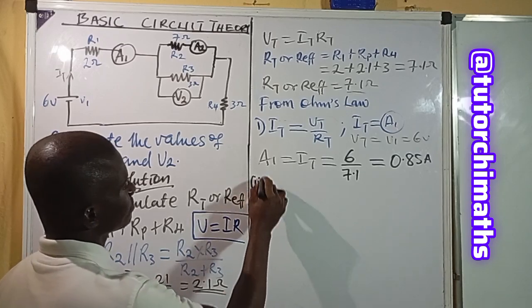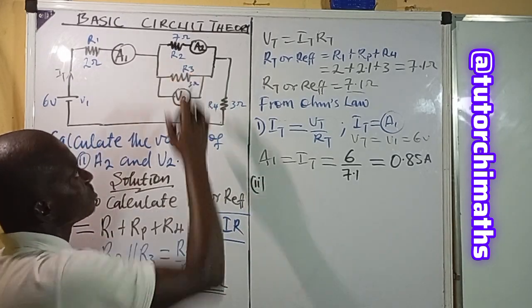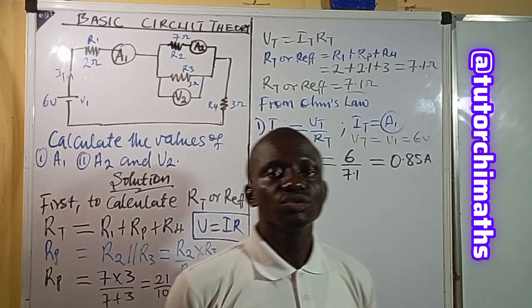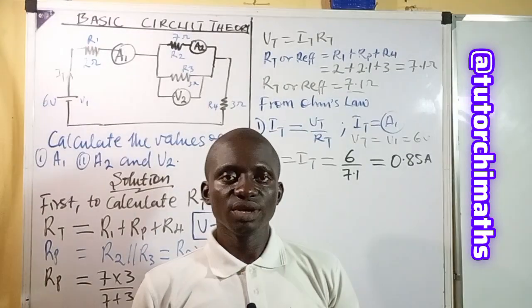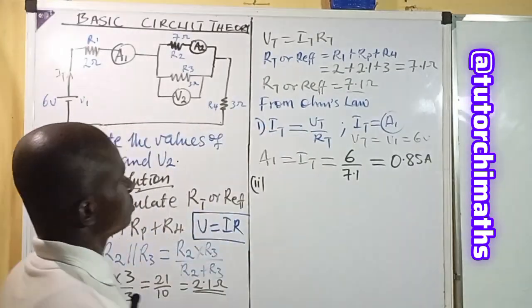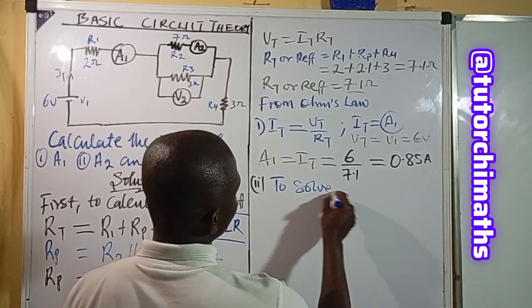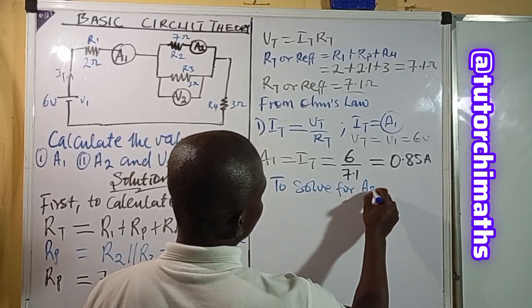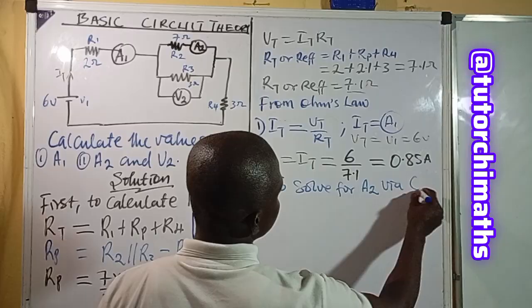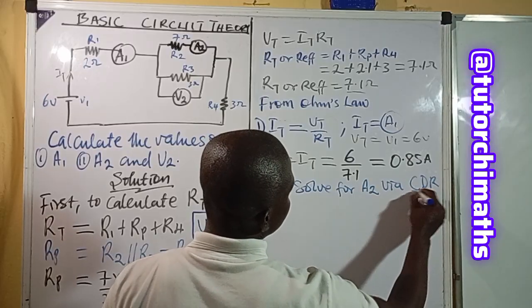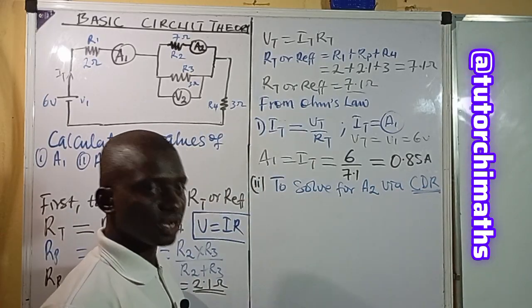Next, let's calculate A2. We can calculate A2 using the current divider rule, CDR. CDR means current divider rule.